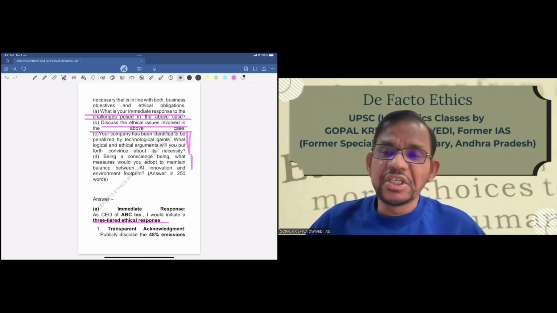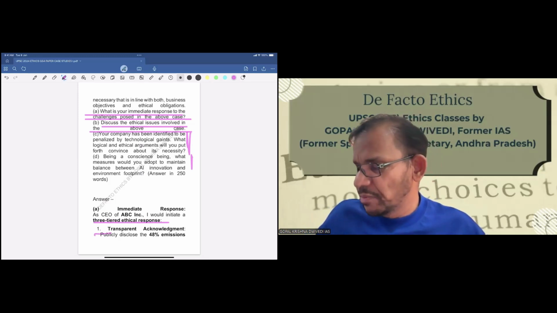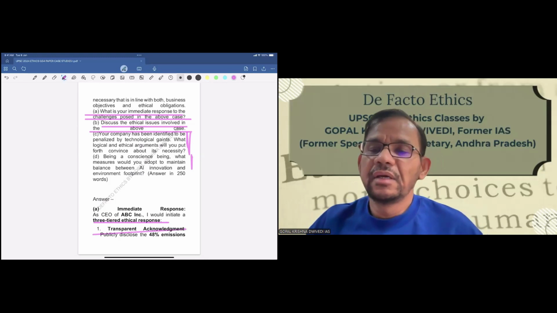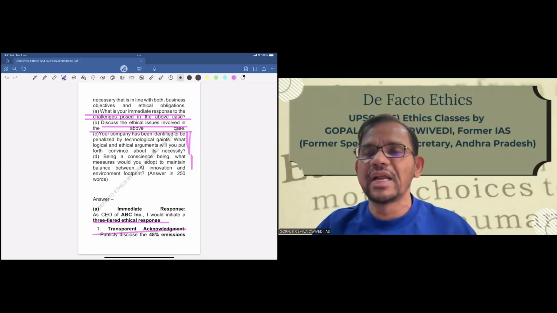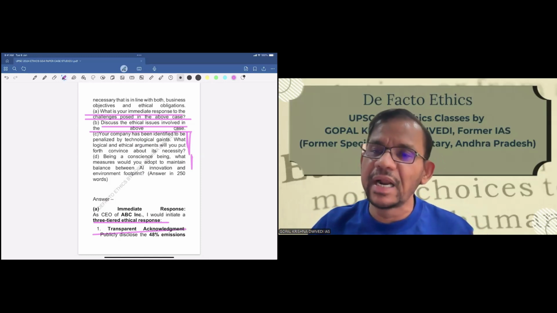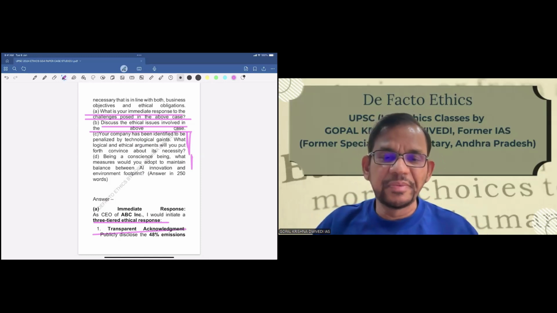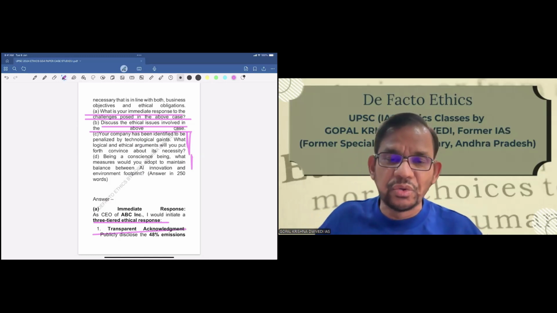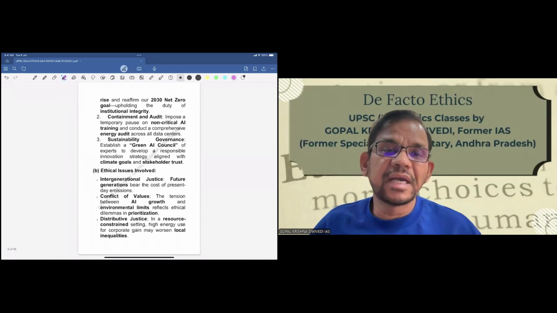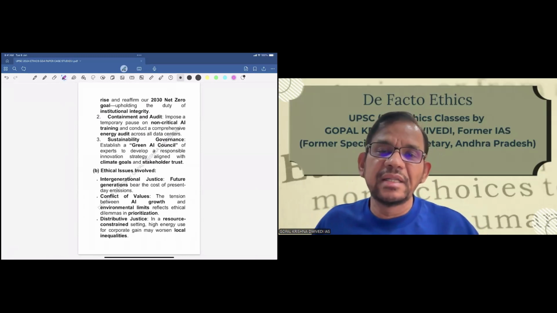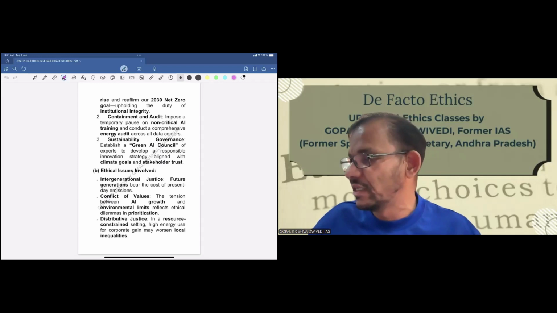Now first is transparent acknowledgement. So this is the first point, because when you are dealing with ethics, transparency has to be there. Truthfulness has to be there. If some fault has been committed, you have to accept and then try to resolve the issue. So transparent acknowledgement: publicly disclose the 48% emission rise and reaffirm our 2030 net zero goal, upholding the duty of institutional integrity.